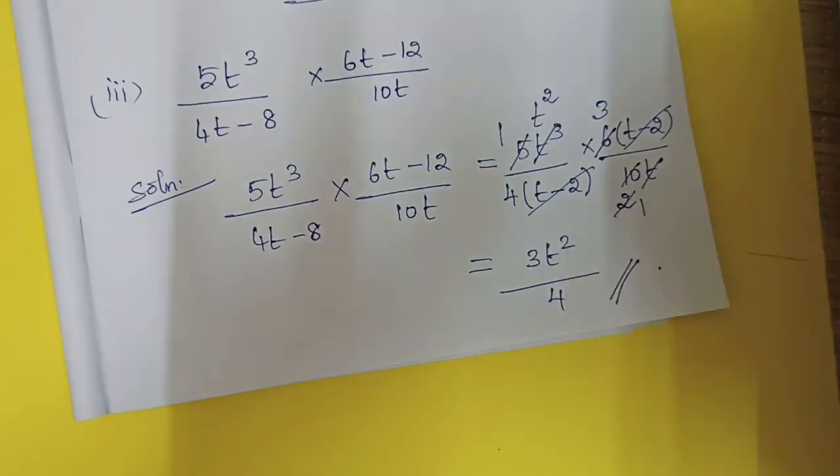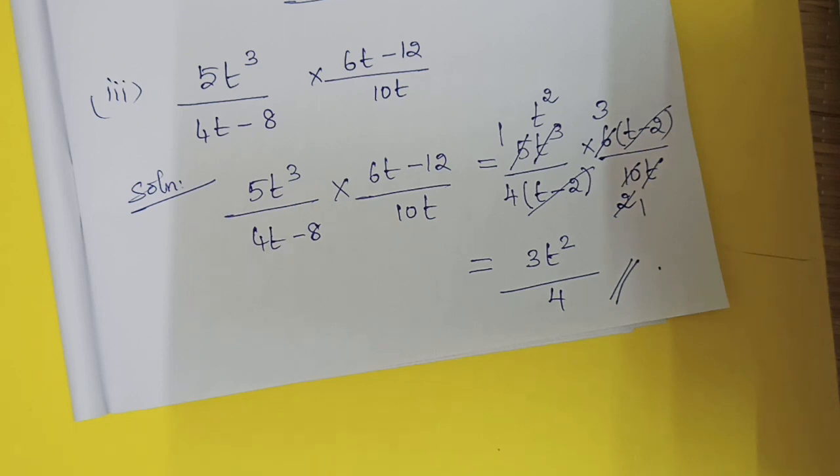So today we will finish up to this portion, and whatever things we learned, just remember it. Excluded value for rational expression, then multiplication of rational expression. Excluded value means we need to consider the denominator equal to 0.